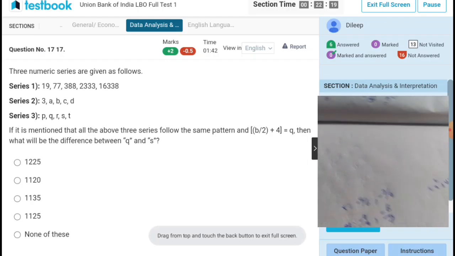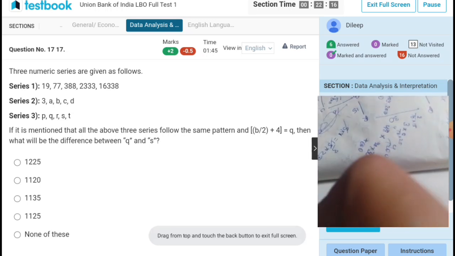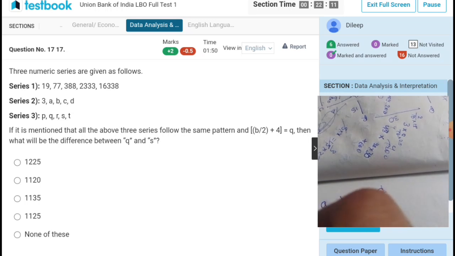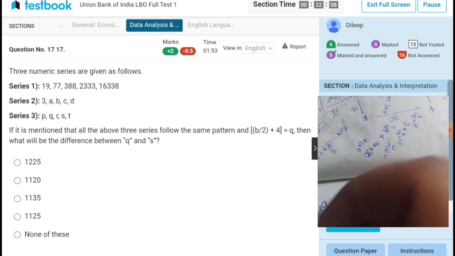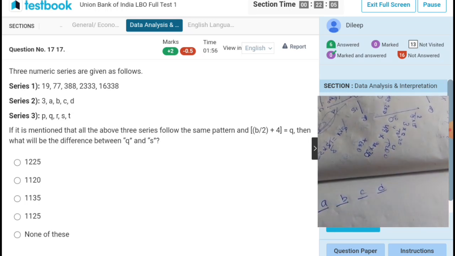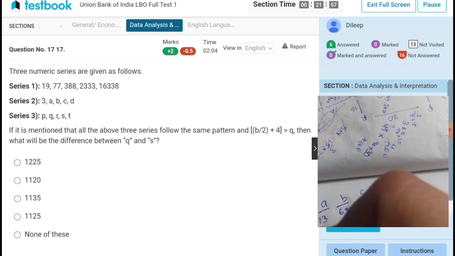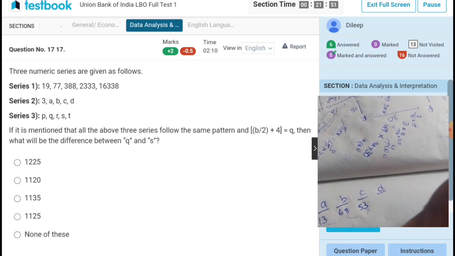Next is 3 B C D. So I think 4 into 1, that is 13 68 and 53 into 4 into 5 into 6 into 7 135 378.